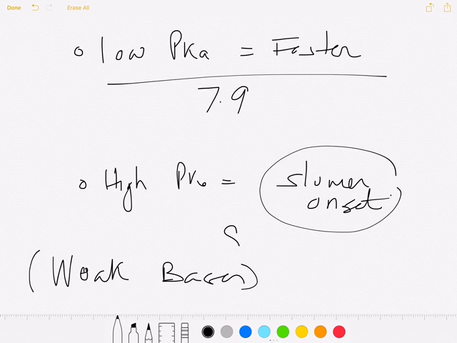Its pKa is 8.1. You can see that the higher the pKa, the slower the onset. More time it takes to act. Or you can say higher the pKa, higher the time; lower the pKa, lower the time. Lower time means faster onset of action.